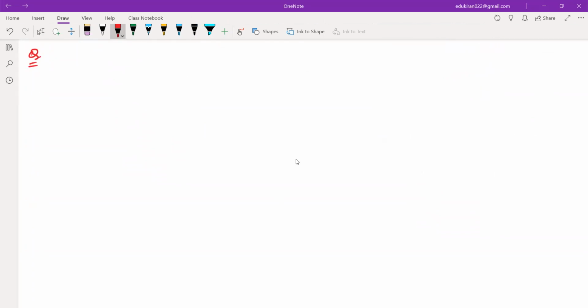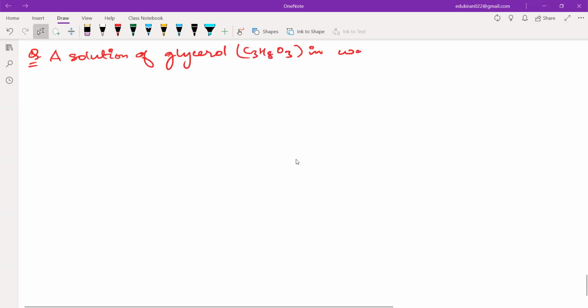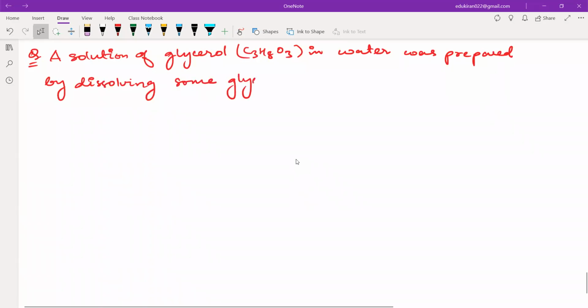Please write this with me, okay? Solution of glycerol, C3H8O3, in water was prepared by dissolving some glycerol in 500 grams of water.